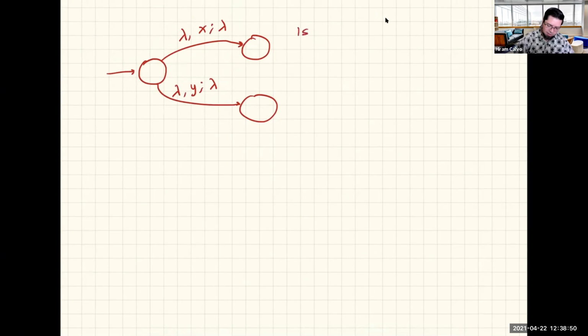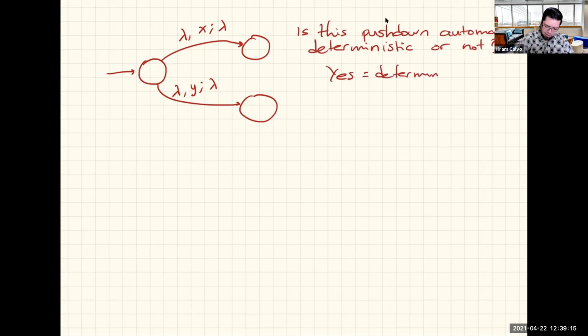Is this push-down automaton deterministic or not? So yes will be deterministic, no, non-deterministic.